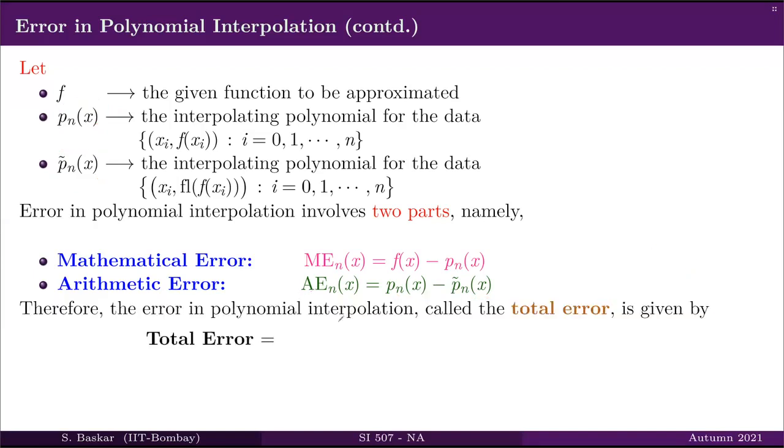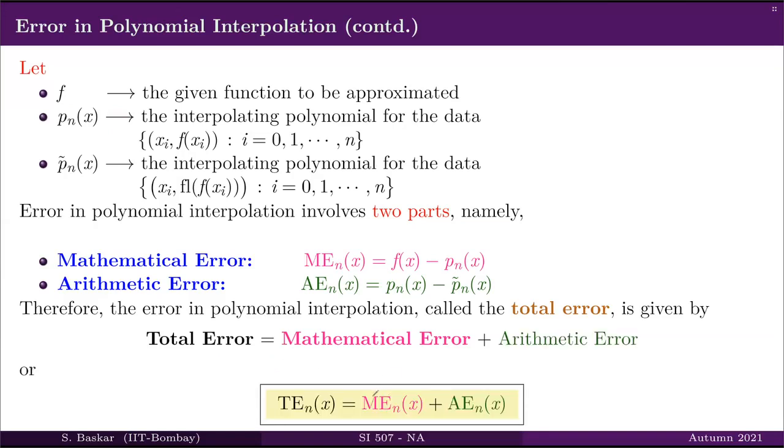So we will define this total error as f of x minus Pn tilde of x, which, after adding and subtracting Pn of x, is the mathematical error plus the arithmetic error, in the notation given by MEn of x plus AEn of x, because f of x minus Pn tilde of x is equal to f of x minus Pn of x, which gives me the mathematical error, plus Pn of x minus Pn tilde of x, which is the arithmetic error.